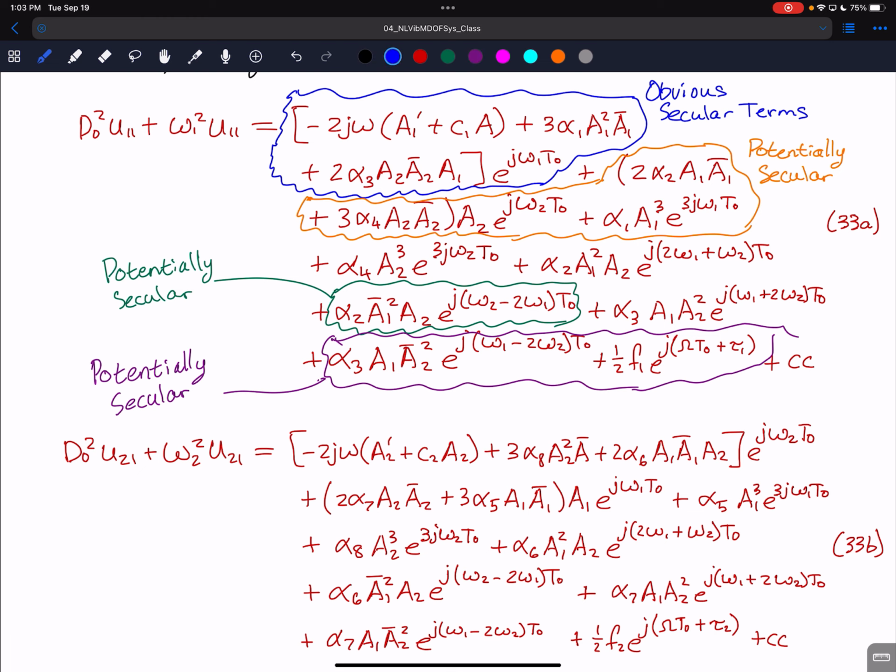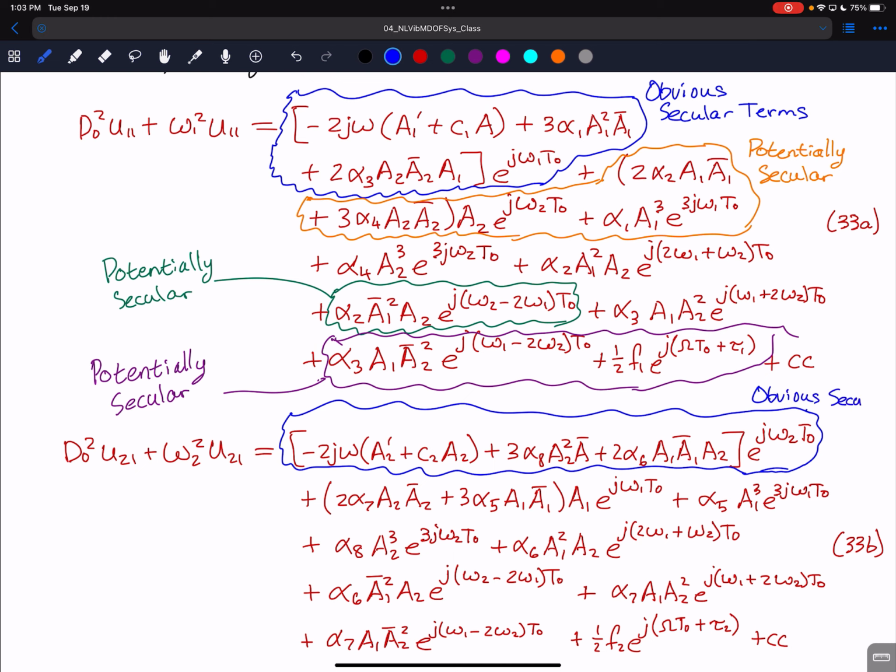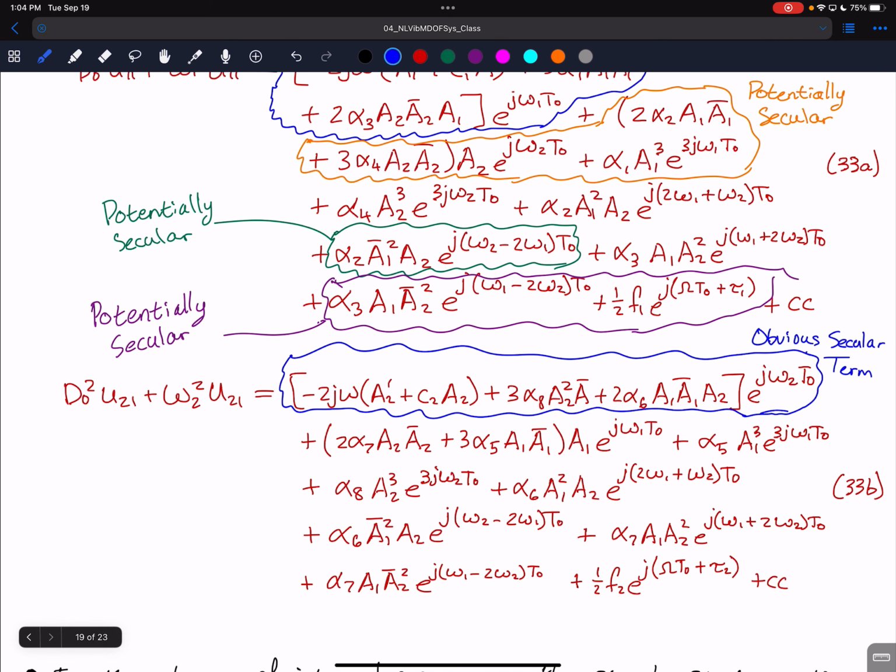Second equation, we again will have an obvious secular term here. And then we'll have three different potentially secular terms. First one here, I'm going to circle in orange.